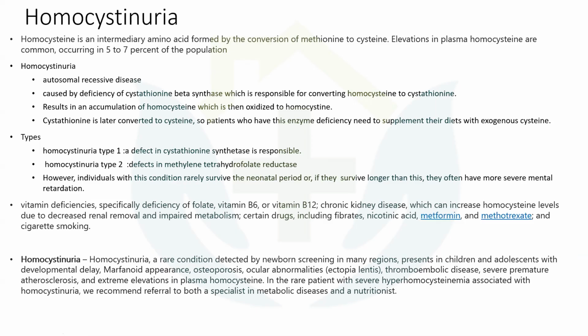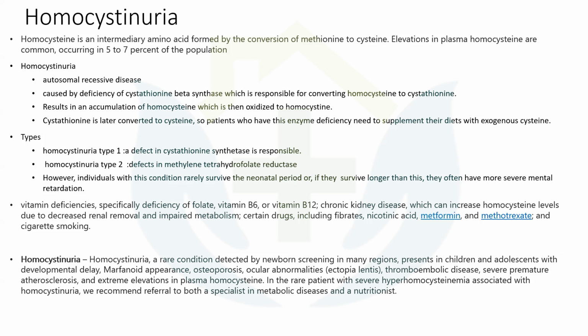Next topic is homocystinuria. Homocysteine, we know, is an intermediary amino acid formed in the conversion of methionine to cysteine. Elevation in plasma homocysteine is the major mechanism where hyperhomocysteinemia is happening.